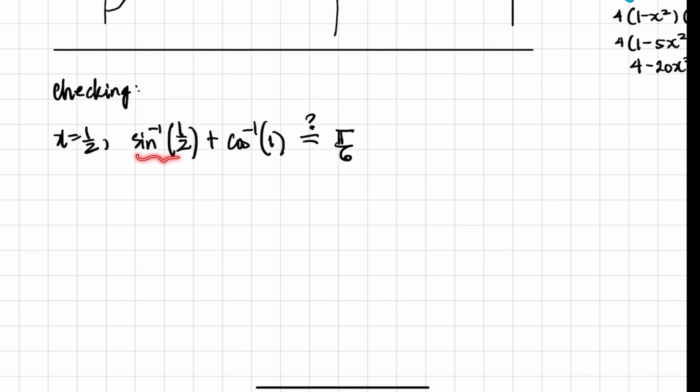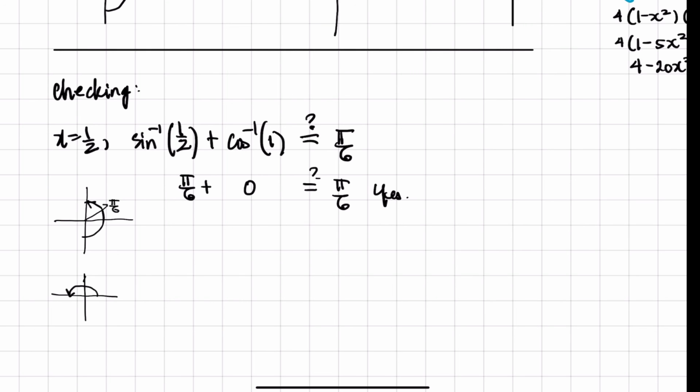Kailangan negative pi over 2 to pi over 2. Alin dyan na magkakaroon ng sine na 1/2? Hindi ba pi over 6? So, pi over 6. Ang cosine inverse 1, sorry, 0 to pi. Alin dyan ang magpapakosine na 1? Si 0. So, plus 0, is it equal to pi over 6? The answer is yes. So, valid itong sagot na ito.